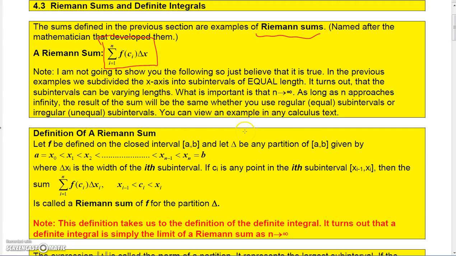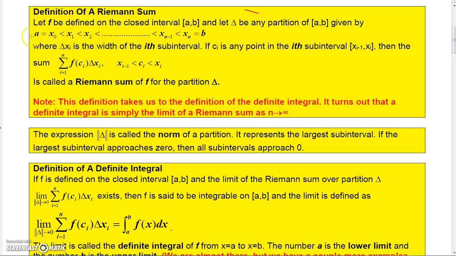What is important is that it doesn't matter what lengths you make each subinterval as long as n goes to infinity, because the limit of the sum will be the same regardless of whether you use regular, which is equal subintervals, or irregular, unequal subintervals. You can view an example pretty much in any calculus text of this.